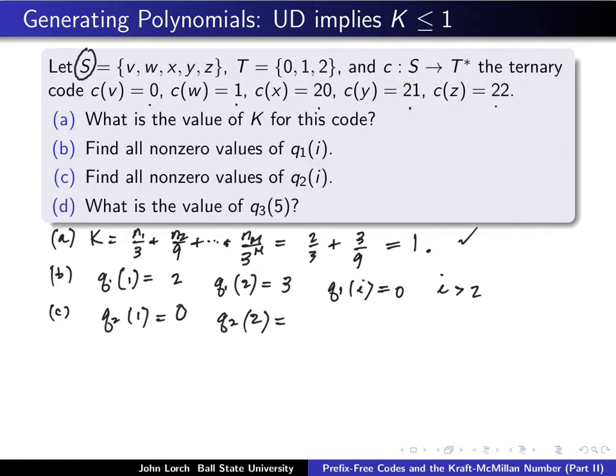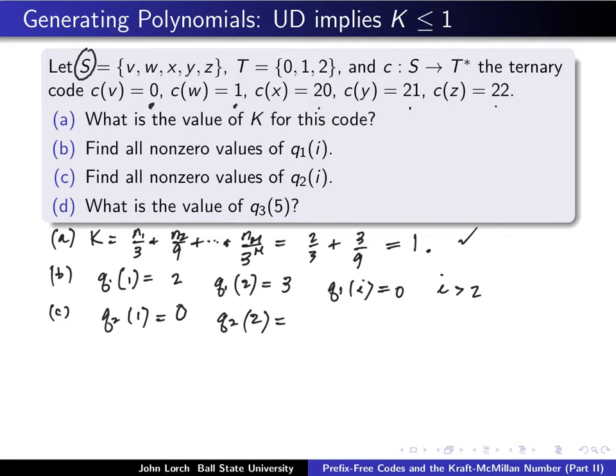So now we're looking for messages of length 2 in S star that, when they are encoded, give us a coded message of length 2. And we see that really the only way that can happen is if we put V's and W's together, right?